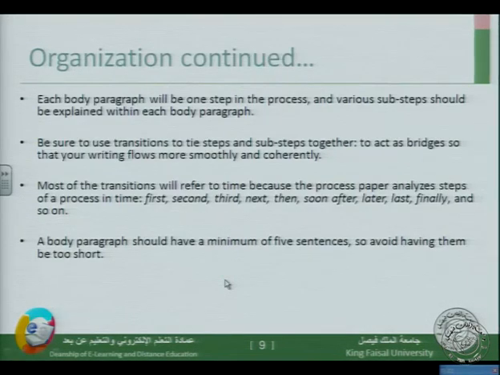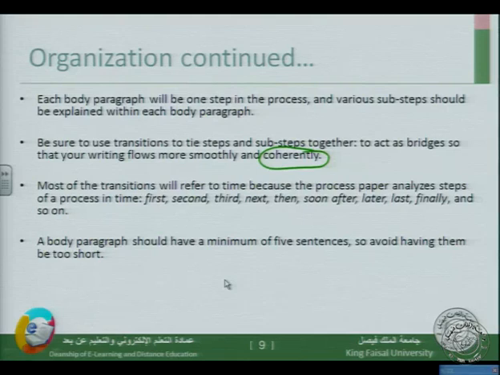Be sure to use the transitions to tie, what does tie mean? To connect, to tie steps and sub-steps together, to act as bridges, so that your writing flows more smoothly and coherently. Do you know the word coherent? What does it mean?